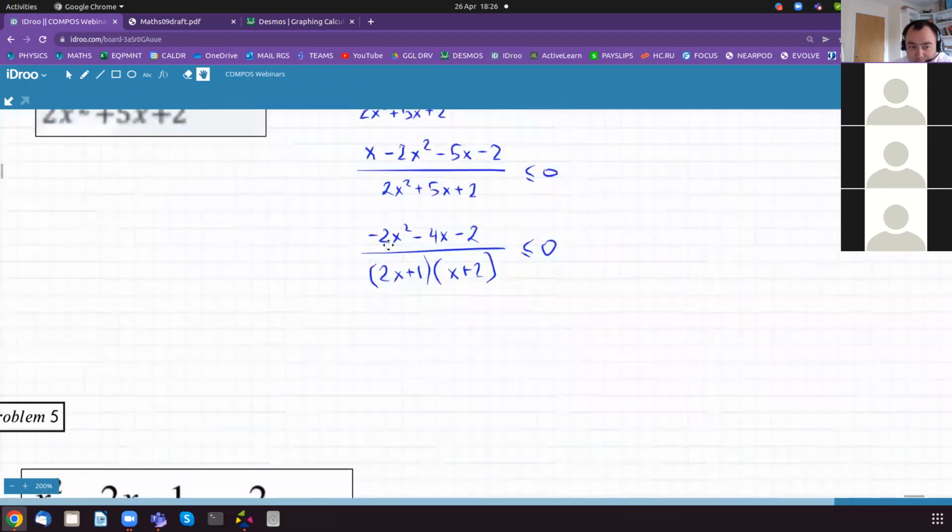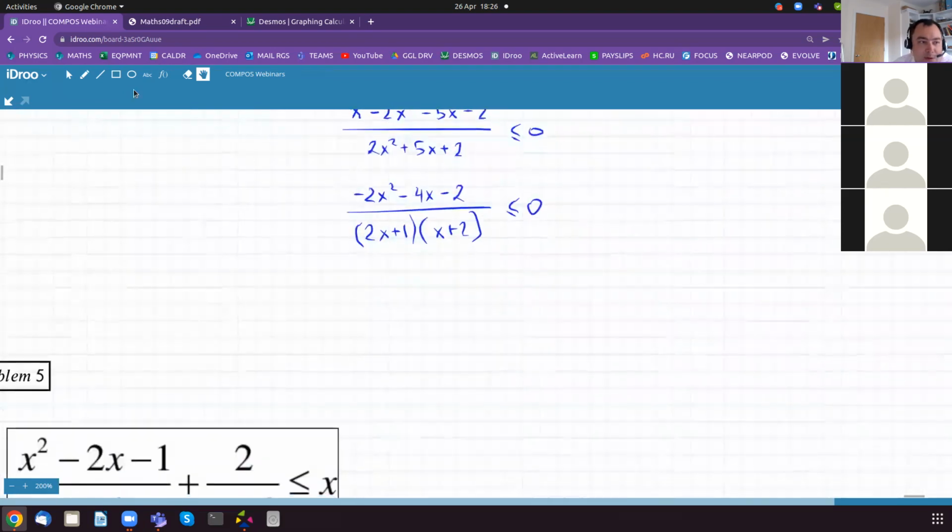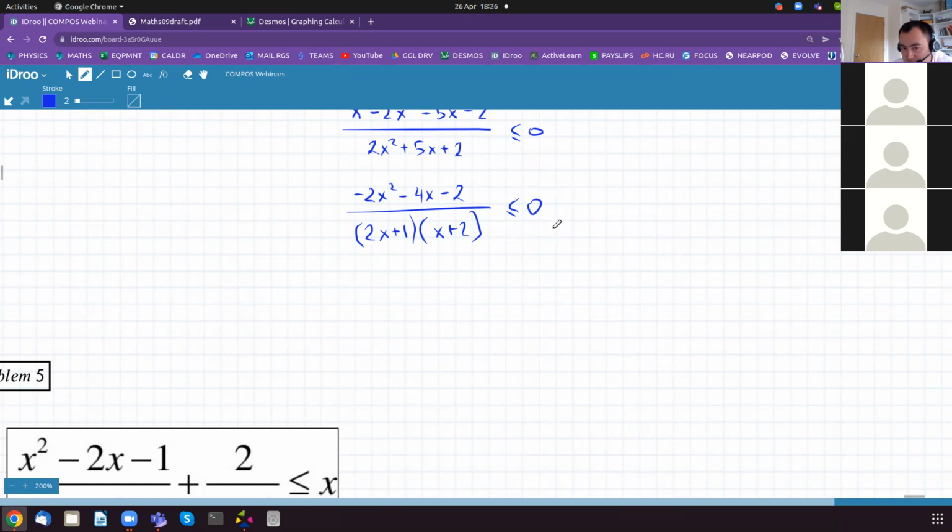You can still factorize, but what I would normally do is multiply by -1 and change the sign. I would say 2x squared plus 4x plus 2 is greater or equal to 0. Okay, this is what I would normally do. I'll do it slightly differently this time.